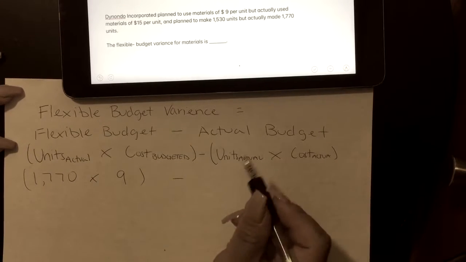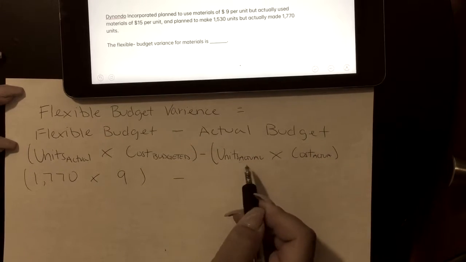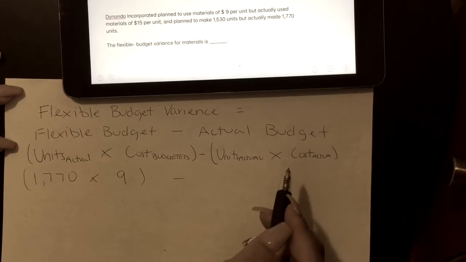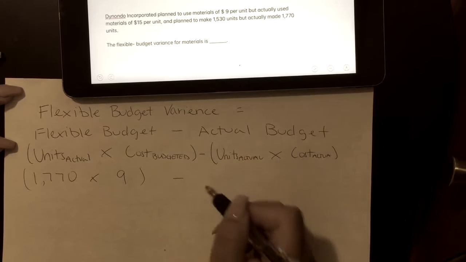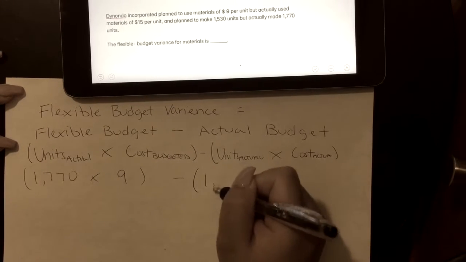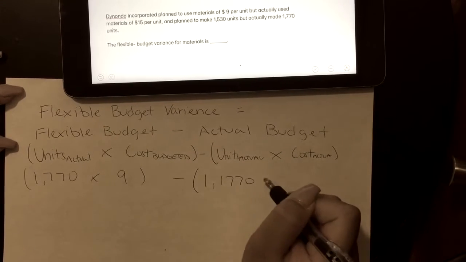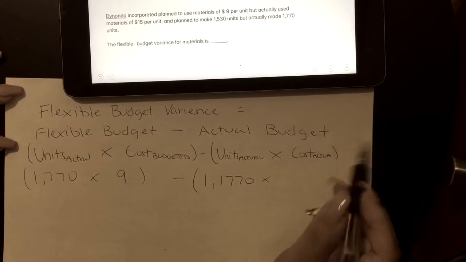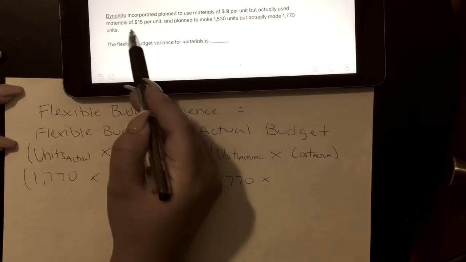And then subtracted by our actual budget, which is the actual units multiplied by the actual cost. So our actual units is the same, which is 1,770, multiplied by our actual cost, which is $15.